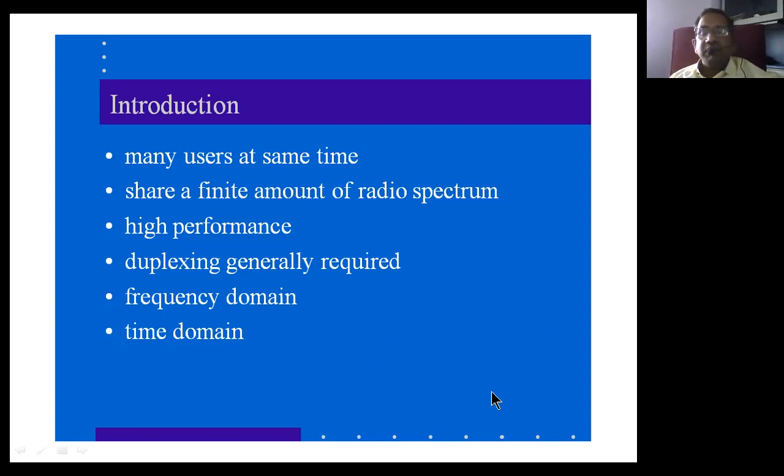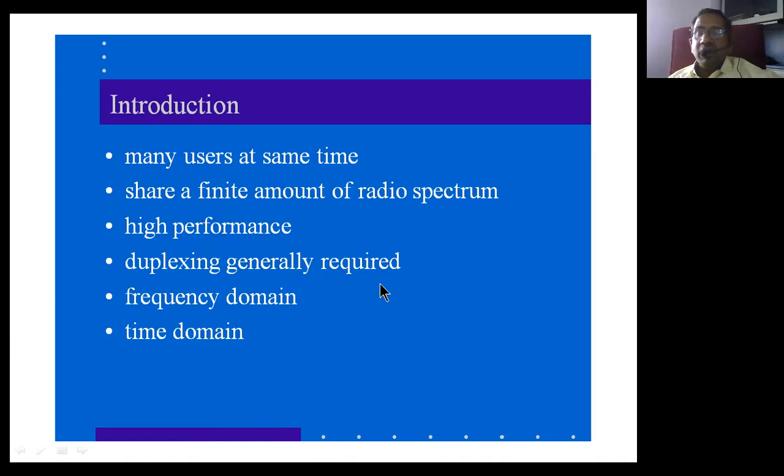So it should have high performance. If you want to implement a system with multiple access, all these things need to be satisfied. One is many users sharing at the same time, sharing a finite amount of radio spectrum, and it should have high performance.